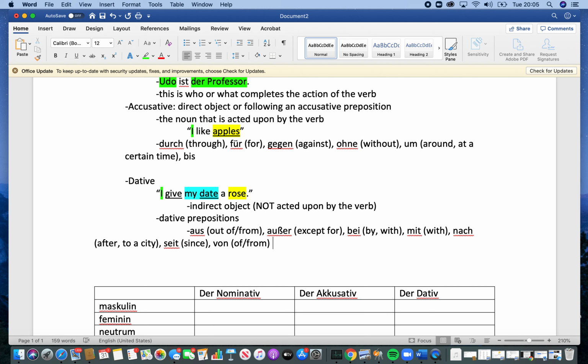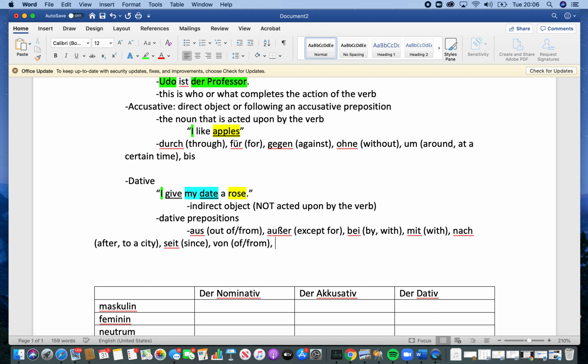You've probably heard last names with the von in them, and that's a sign of nobility. So if you watch Game of Thrones, it's like saying, Tyrion of House Lannister, so of, von. Or if we talk about die Uhrzeit, so von 10 bis 12, from 10 until 12.